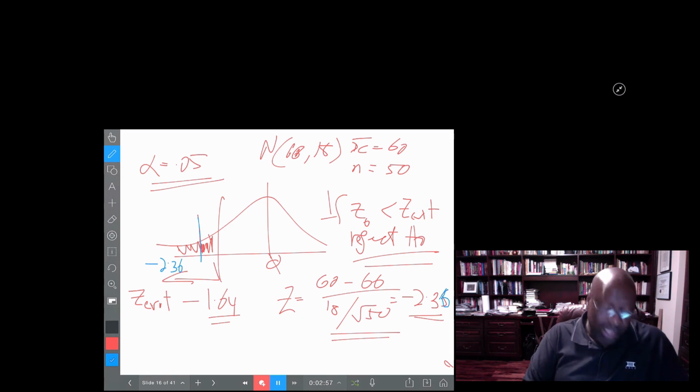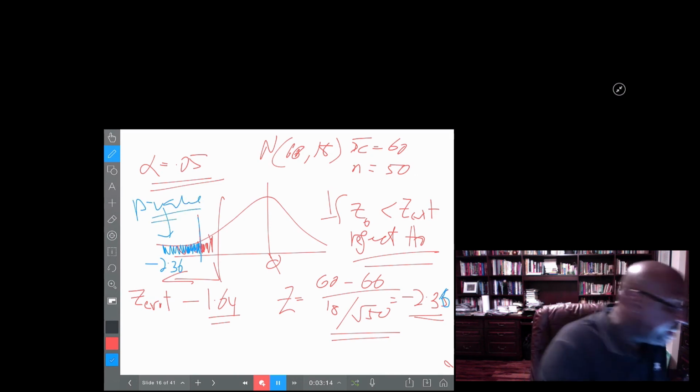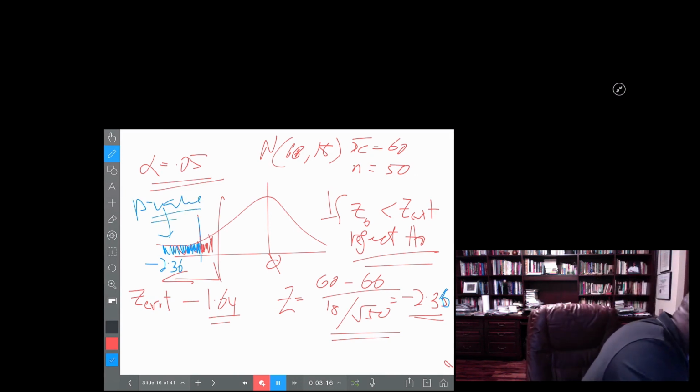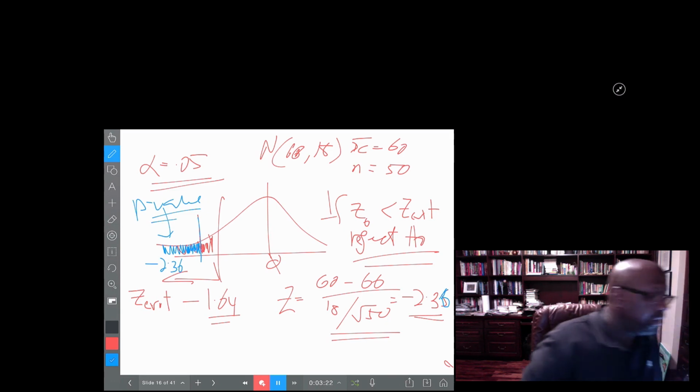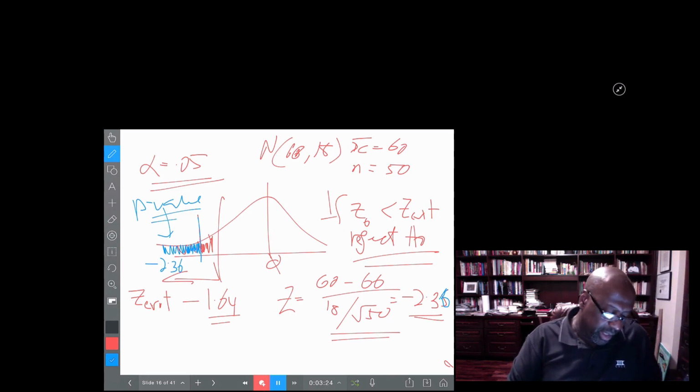Okay, so you notice that it's in the rejection region, which means that its p-value, the probability of observing that value, should be smaller than alpha. So alpha is 0.05. So let's find that p-value, which is the blue area right here. If I look up negative 2.36, it turns out that the area is 0.0091.